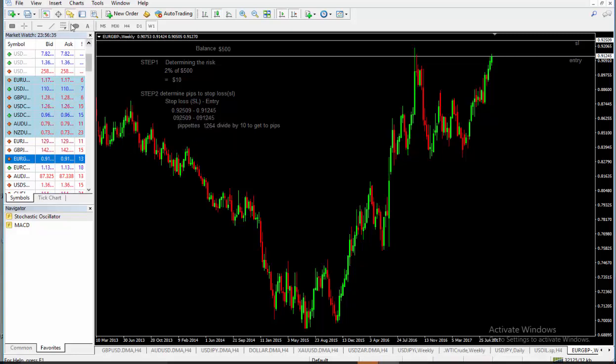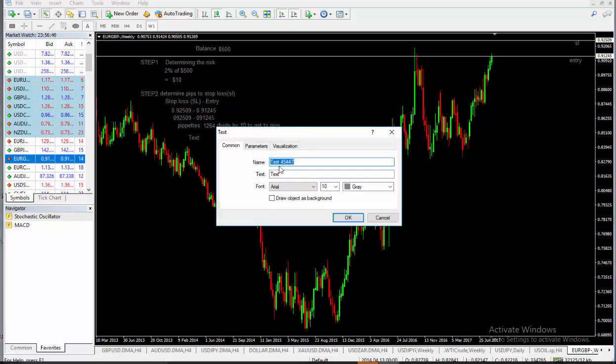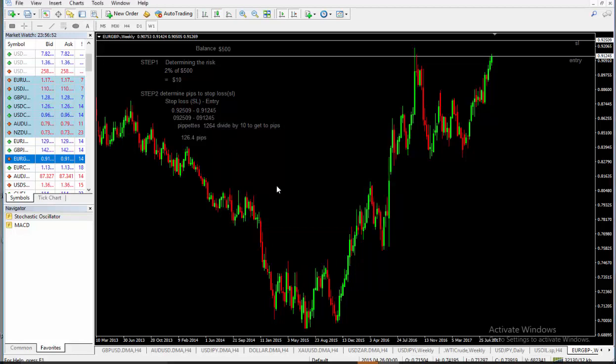So now we have 126.4 pips. That's step 2. Now we have the number of pips to our stop loss.